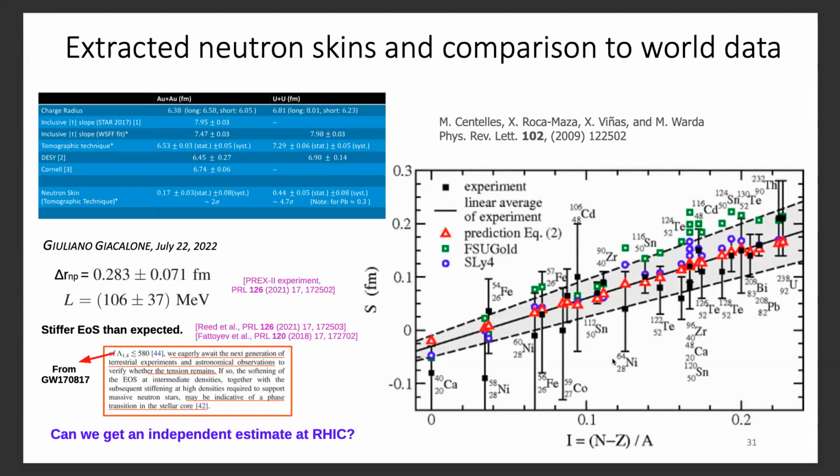And also in the 70s, there are measurements from electron scattering at high energy as well. Okay. And you can actually compare this with the previous publication about the neutron skin. The gold here is actually quite consistent with the previous measurement, but the uranium, somehow it's very big.